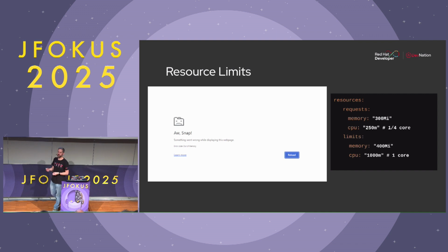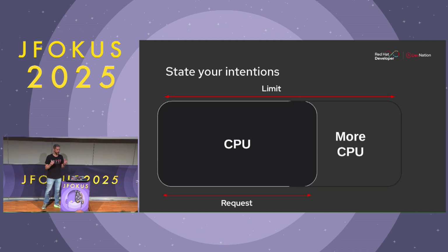Because of course, if we deploy an application and it starts using all the memory, well, that's not so good, right? So there's requests and there's limits. Request is basically the minimum amount that your application needs, and limits is the maximum that it's allowed to use. There's a couple different strategies here, and it's also based on CPU and memory.